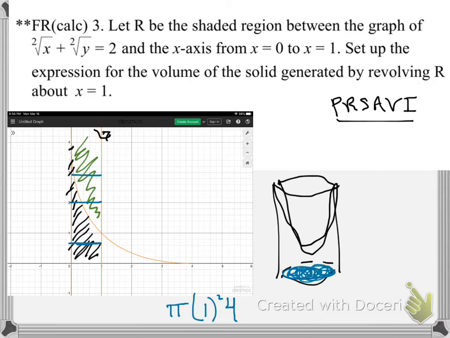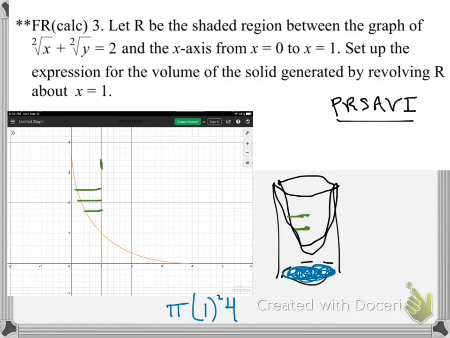But then what I'm missing is this bowl that's in the center here. If I look at that bowl, the bowl is really coming from this. Those are the radiuses of my bowl, and this is something that's cut out of the cylinder. So how big is that radius?